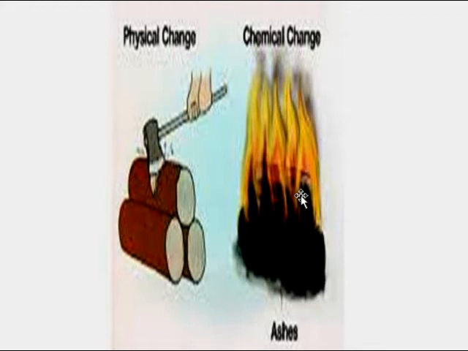And as you can see here, it is difficult to return it to the original state. So again, do you think that the return process is possible here in chemical change? No, it's not. We can't return it as it was. Why? Because we changed its identity. The identity is changed, so we can't do that.